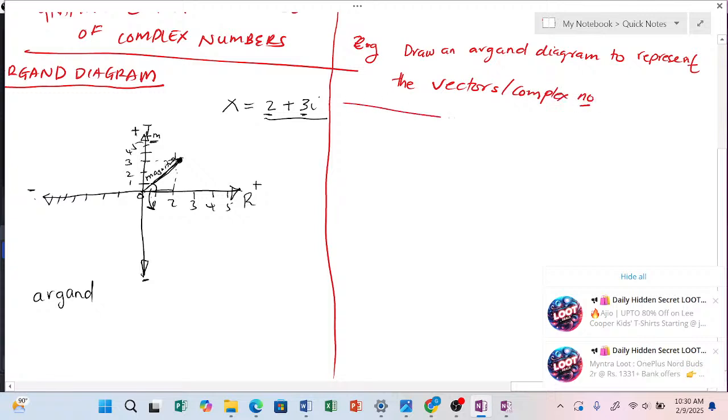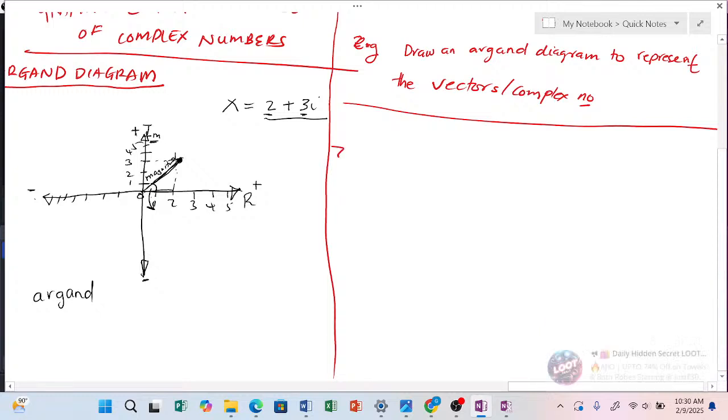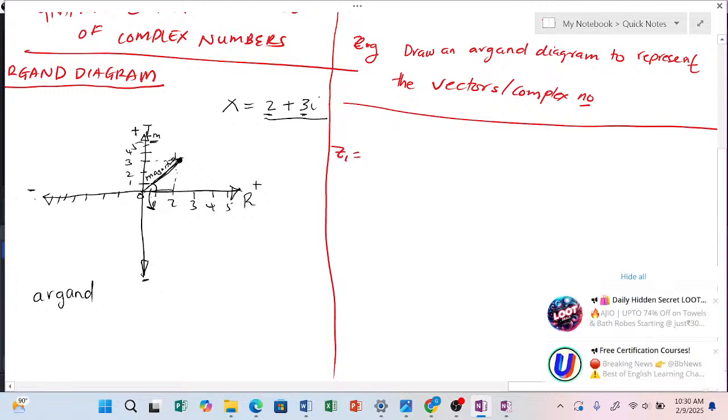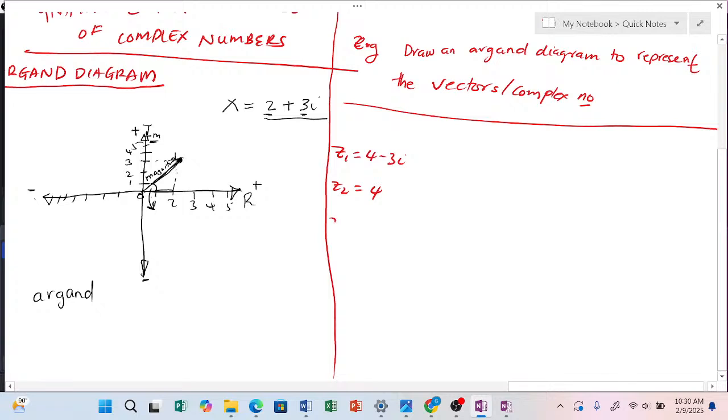These complex numbers are in the rectangular form. Z1 is 4 minus 3i. Z2 is 4. Z3 is minus 6i. Z4 is 2 minus 8i. Z5 is i. Right?